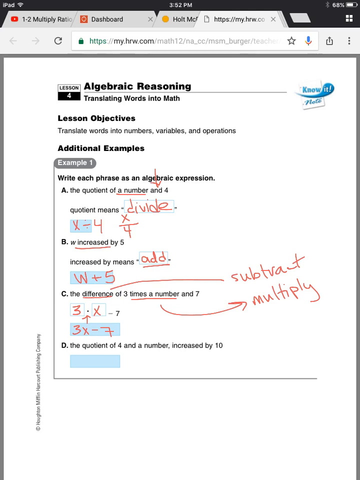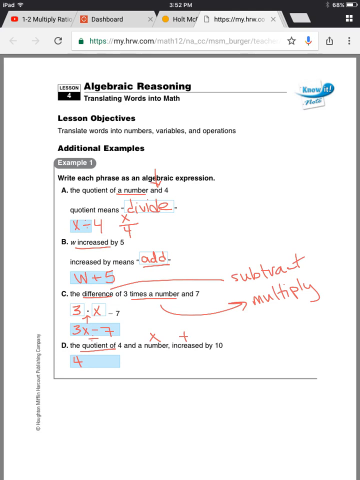The quotient of 4 and a number increased by 10. Now quotient means divide. Of 4 and a number, we're just going to say it's x. Increased, we said before, meant add. So we're going to write the quotient of 4 and a number first. 4 comes first, so that's going to go up top.